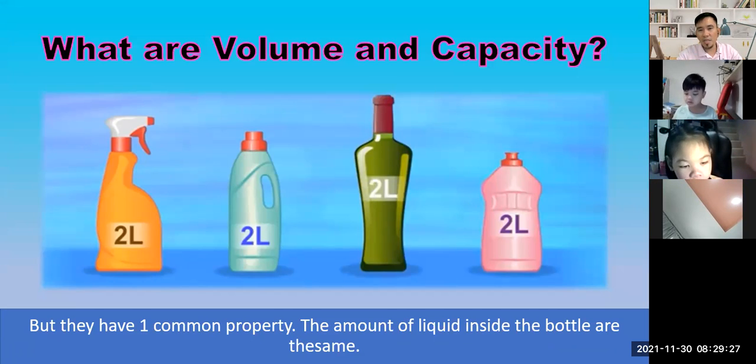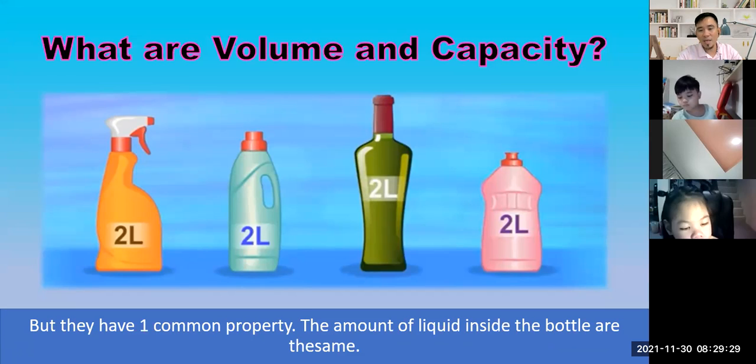The common property that they have is that the amount of liquid inside each bottle is the same. Why the same? You can see here 2L. The liquid inside is called the amount. Here 2L, another 2L here, and another 2L. What does L mean?